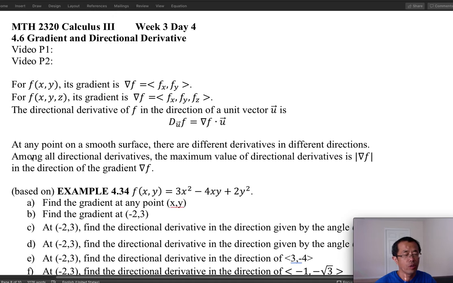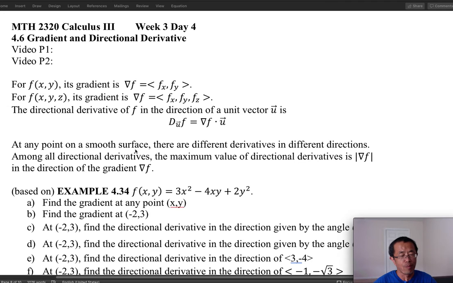And in general, mostly we consider the case of a function of two variables, which would represent a surface. And this is a bigger part. I say at any point on a smooth surface, there are different derivatives in different directions. As I mentioned in the other video, consider you are climbing a mountain.